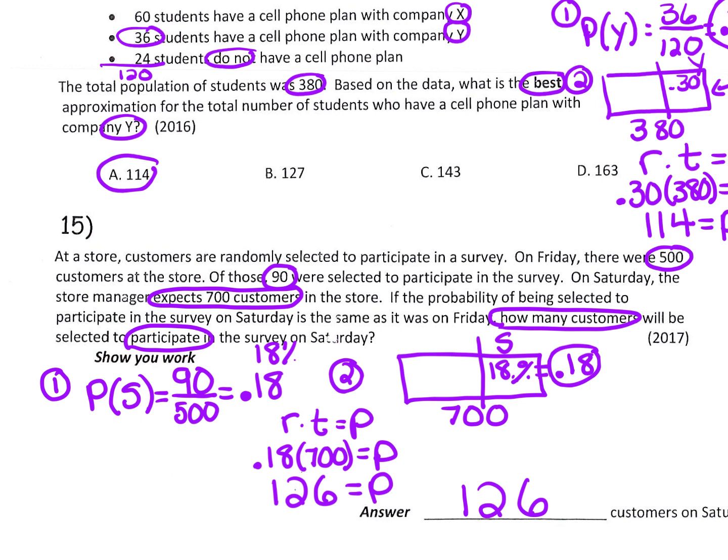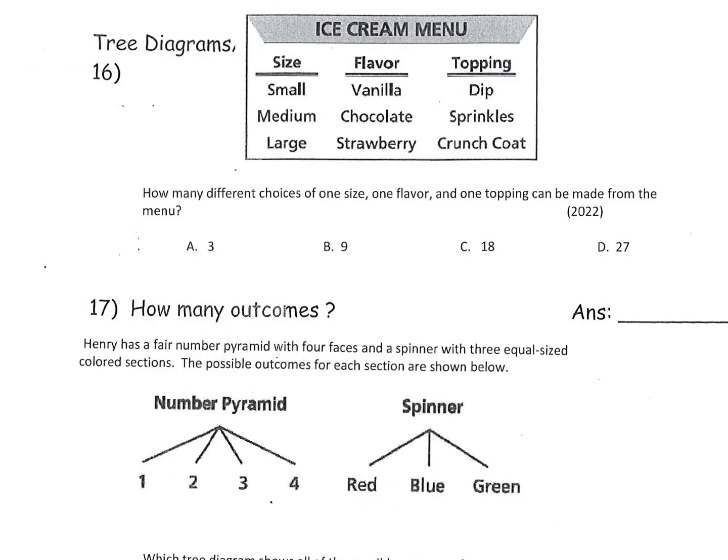Now let's turn to the final page and look at some tree diagrams. When you're asked for the total number of choices or possible outcomes, you might think of tree diagrams. Let's take a look at our ice cream menu.